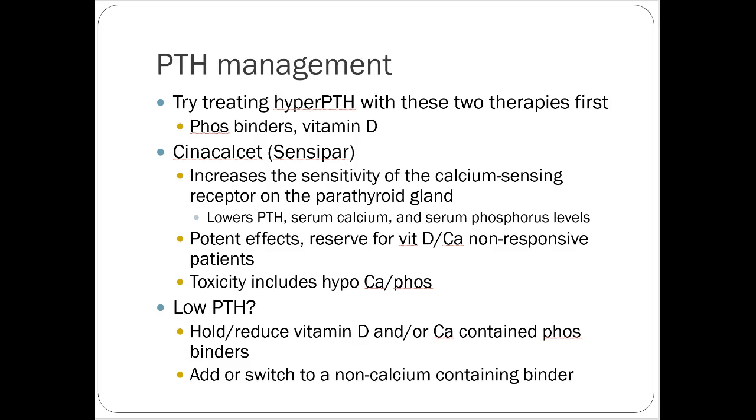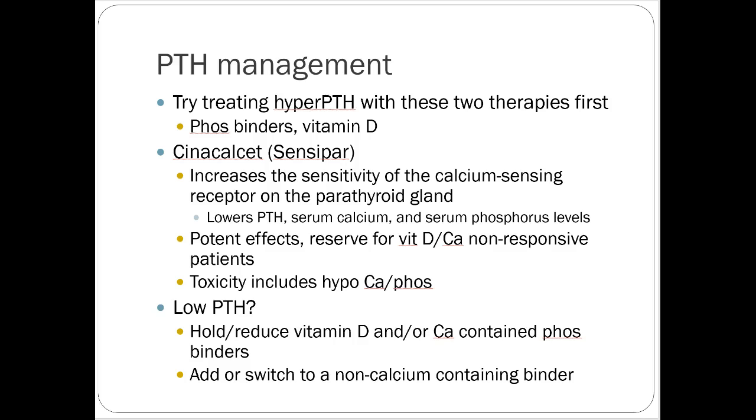This ultimately lowers parathyroid hormone, serum calcium, and serum phosphate levels. It's got pretty potent effects and it works pretty well, but basically you would only give this if somebody was optimized and just wasn't responding to optimal vitamin D and phosphate therapy. Toxicity can include low calcium and low phosphorus. Otherwise, it's a fairly well tolerated medication.